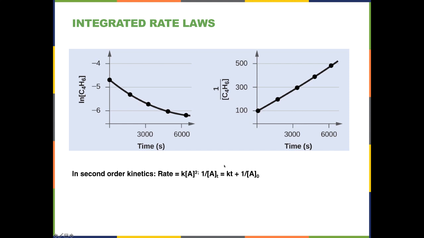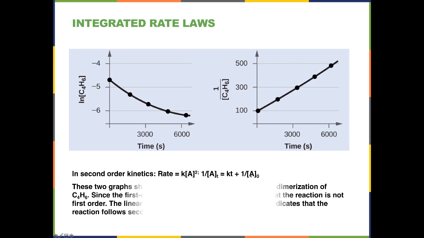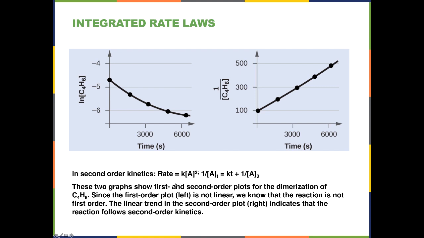Second order states, as you remember, that the rate is equal to the rate constant times the concentration squared, so that 1 over the concentration at time t is equal to kt plus 1 over the concentration at time 0.